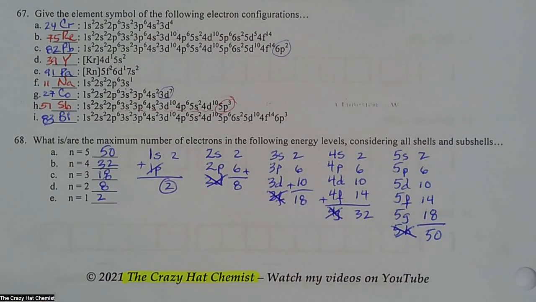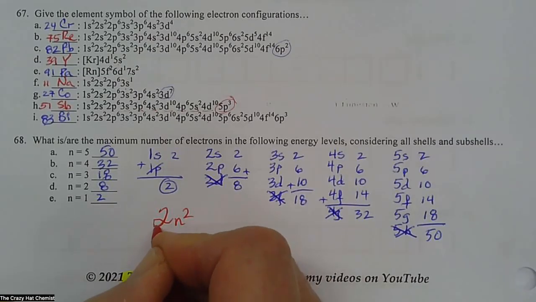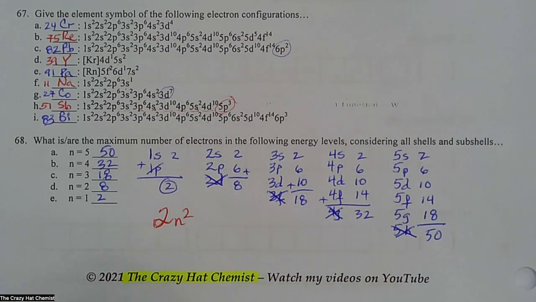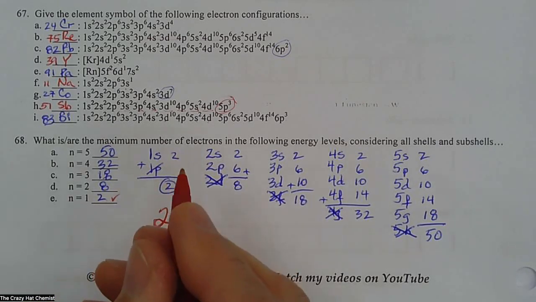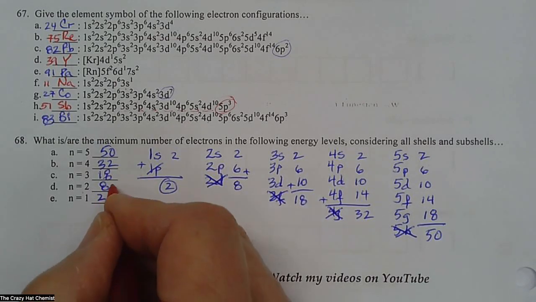That is one possibility. Here is another one: 2n squared. When n is 1, 1 squared is 1 times 2, that's 2. Check. When n is 2, 2 squared is 4 times 2, that's 8. Check.